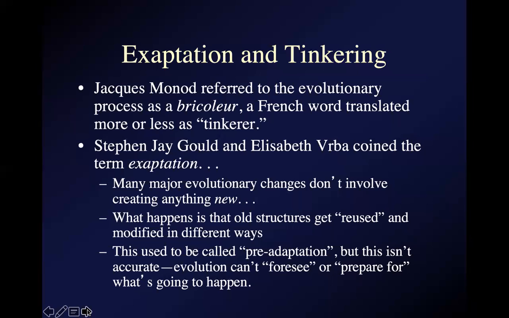This used to be called pre-adaptation. But evolution can't foresee anything, so we can't use the term pre-adaptation because that's not what evolution's doing. To replace it, Gould and Vrba suggested the term exaptation. So what's an example?